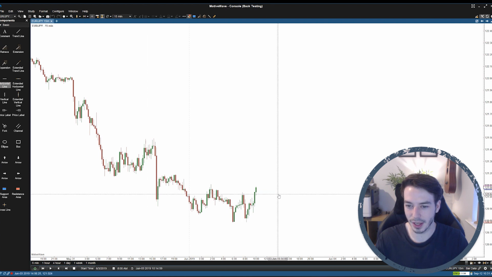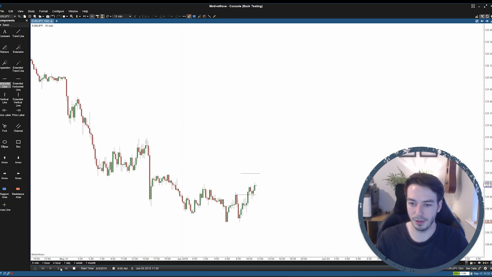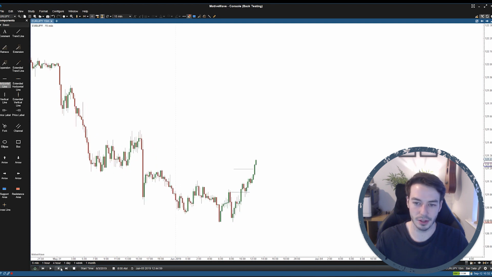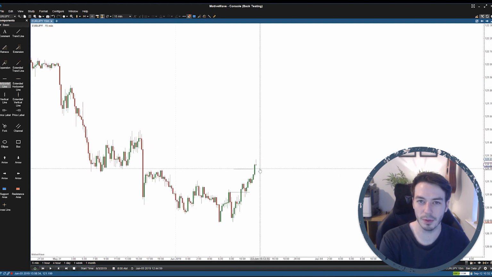So if the break of it is here, say, then I want to use the ruler tool to see that my stop would have been 17 points, so I'm looking for it to come up to about there on the chart. So it was about up here. So then I could fast forward, see what would have happened first. Yeah, so again, the take profit would have been hit. I would record that on my piece of paper or in my spreadsheet and go from there.